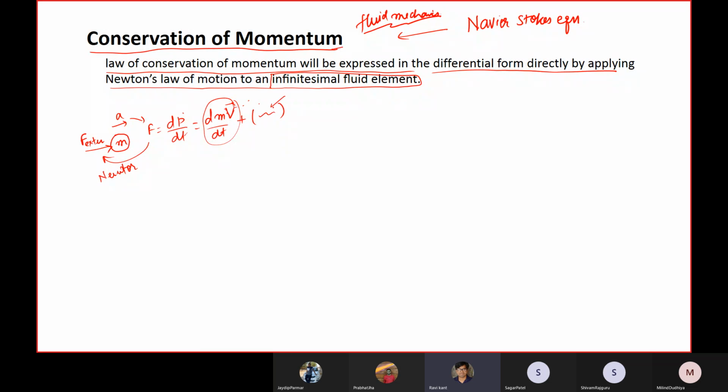Because of this, the dynamics of fluid elements is such. Okay, so the external forces are not only the rate of change of momentum, but there are some additional terms that we call momentum flux.